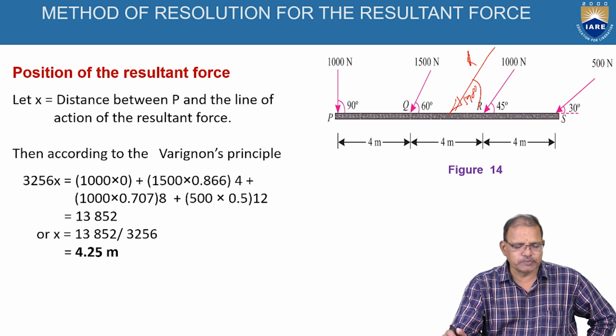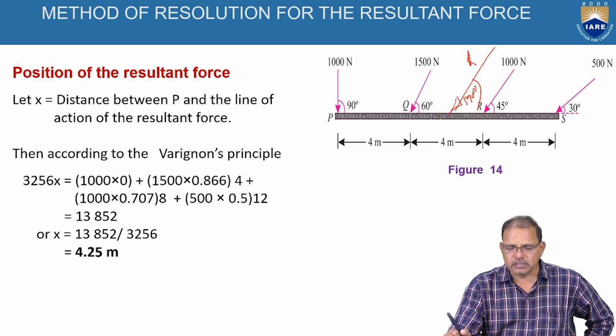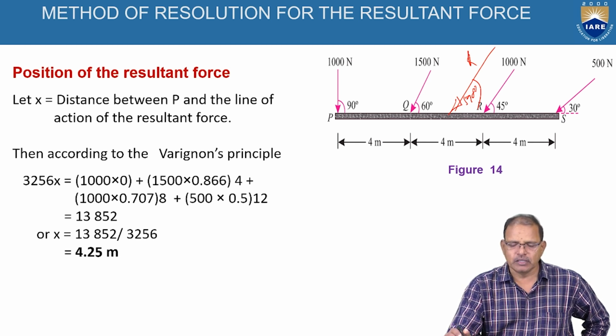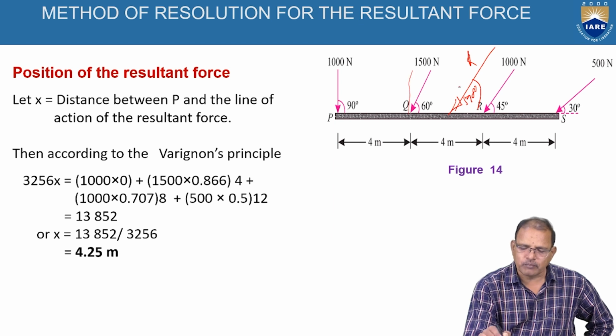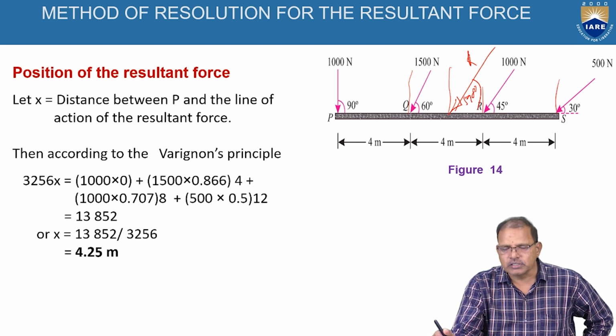So according to Varignon's principle, the moments created by all the component forces about a point P should be equal to the moment created by the resultant force about that point. That means moment is equal to force into perpendicular distance. Hence, only the vertical component is required for the determination of the position of the resultant force acting on a beam.